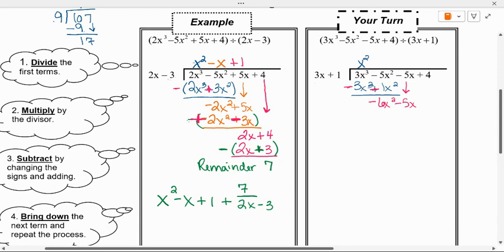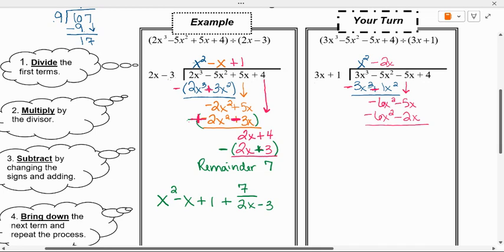What can you multiply 3x by so that it equals negative 6x squared? Negative 2x. So 3x times negative 2x is negative 6x squared. 1 times negative 2x is negative 2x.